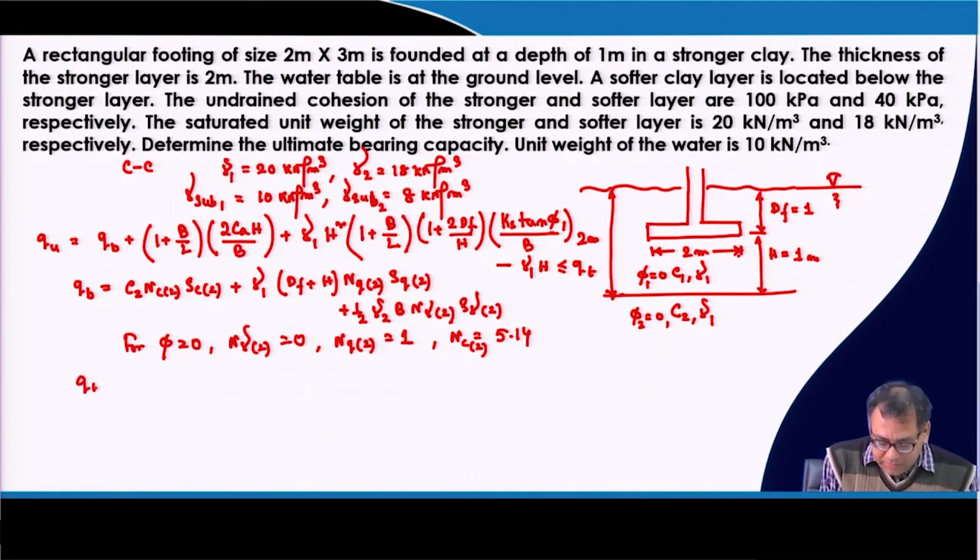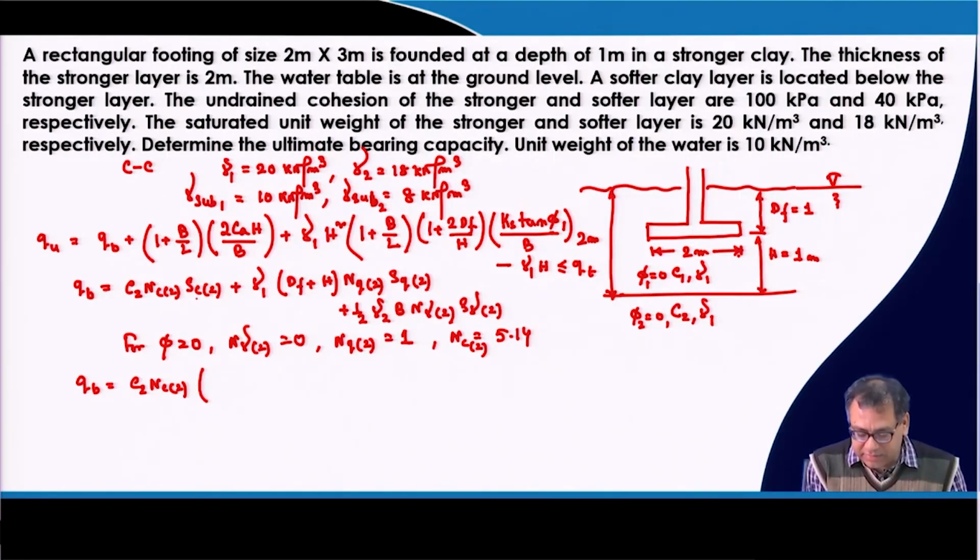So, my qb will be equal to C2 Nc2 and this Sc2 is the shape factor, and that is as per Meyerhof. So, these factors Sc2 and Nc2, all these things we will consider from the Meyerhof recommendation.